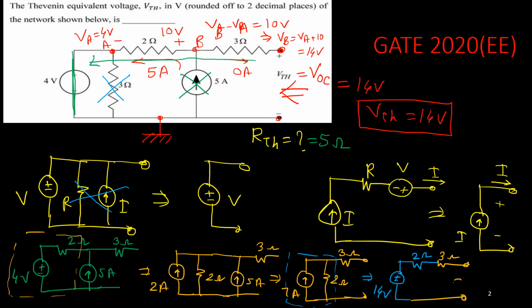So you see the equivalent: only one voltage source and one resistance. VTH is 14 volt, and RTH, 2 plus 3 in series, is your 5 ohm, which you already got. So it's very simple.